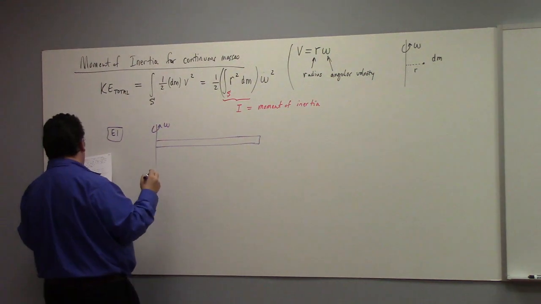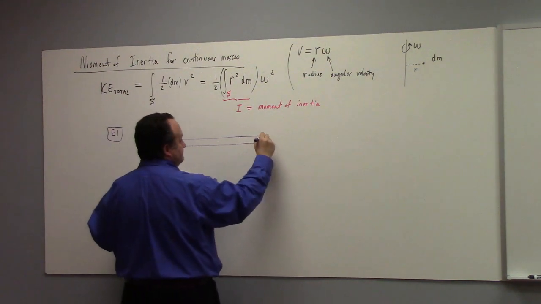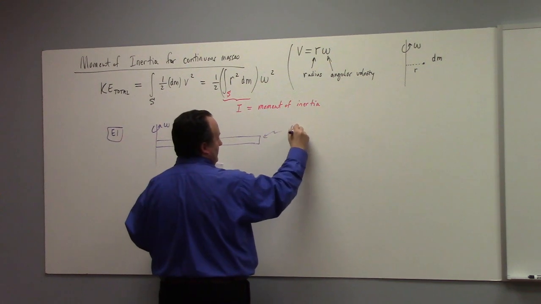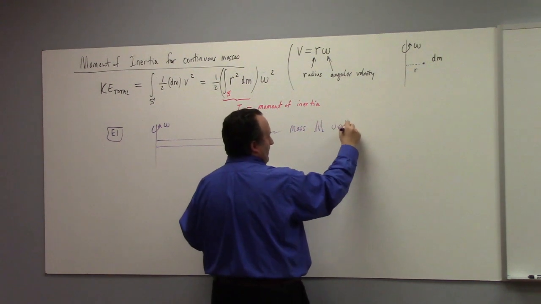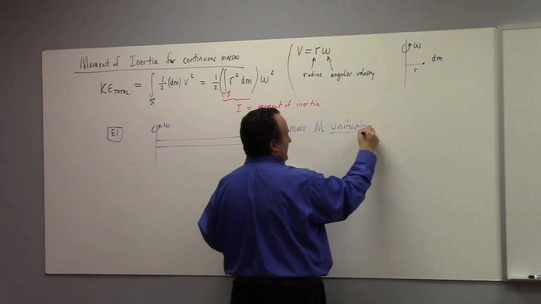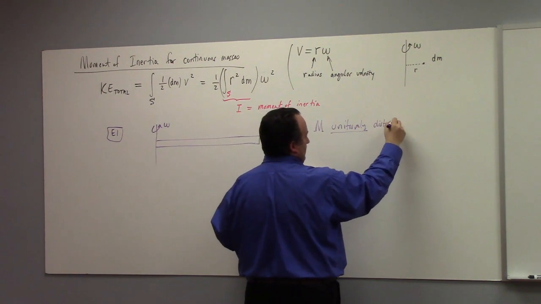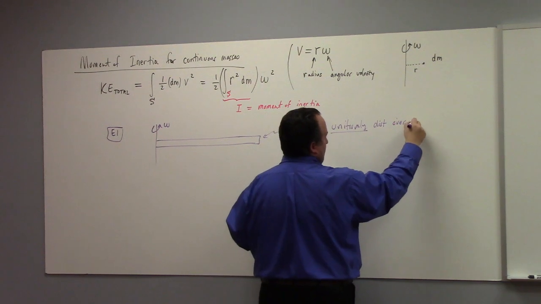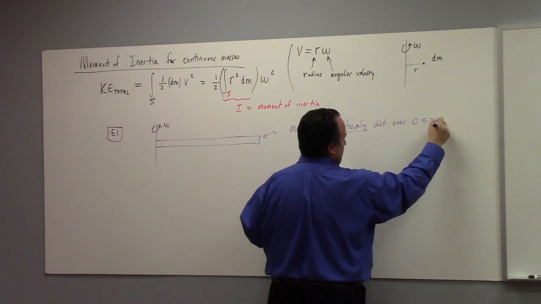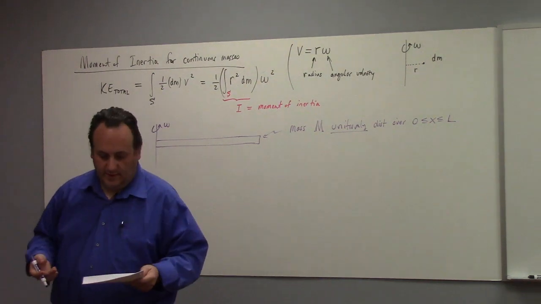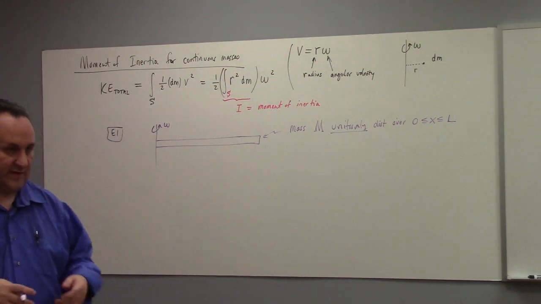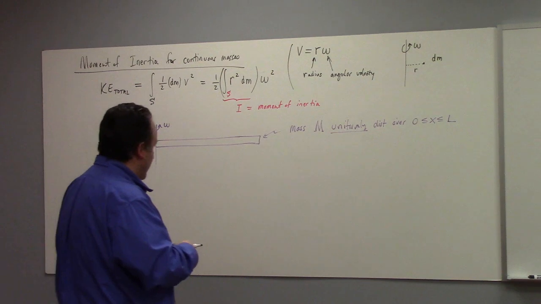Its length is L. So you have mass, big M, uniformly distributed over 0 less than or equal to x less than or equal to L. I'm saying L is the total length, and I'm going to use x as the coordinate from the axis.